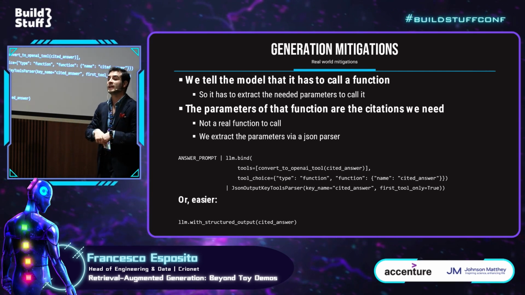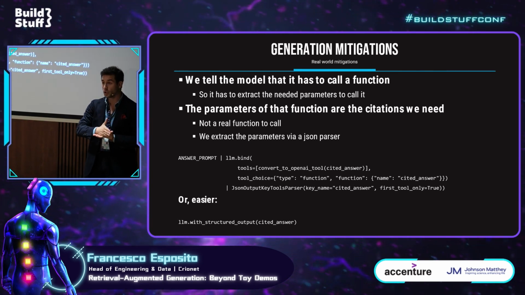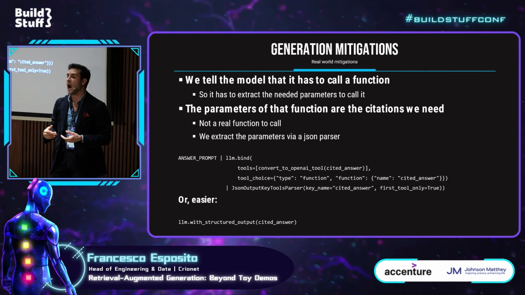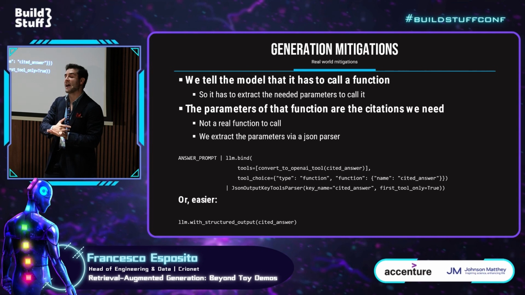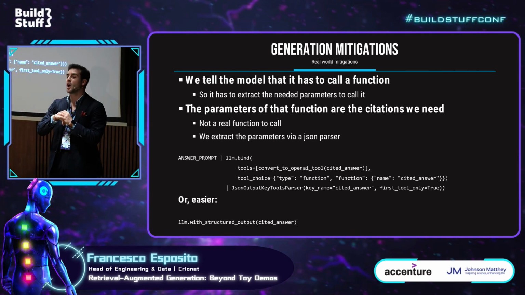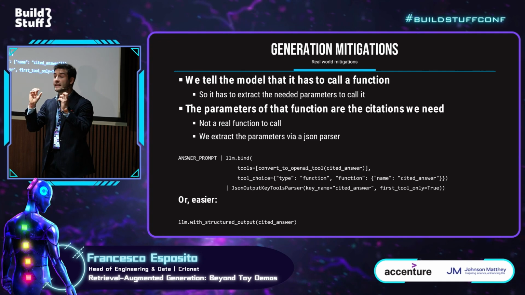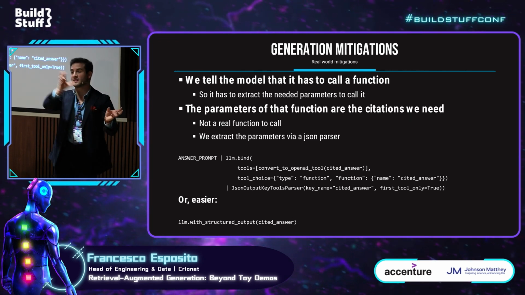The model has been trained, fine-tuned actually, to call functions. But in this case, we are using a trick. We are not really having a function to call. We are just defining a function, and this function has as input parameters answer and citations.